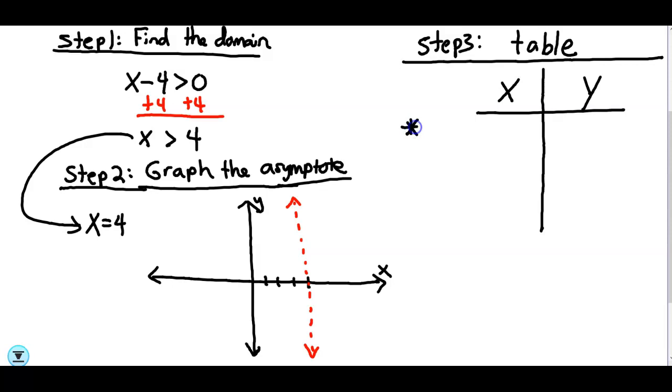You won't have to write this usually, but I would encourage you guys to write this the first time. So we want to pick a number bigger than 4. So 5 maybe? Why are we picking a number bigger than 4? Because x has to be greater than 4. So we're going to pick any number bigger than 4.